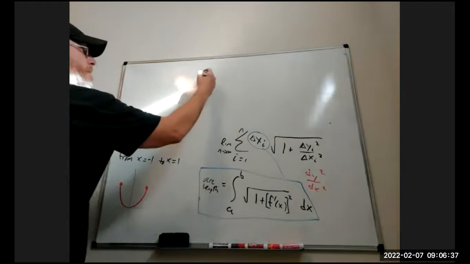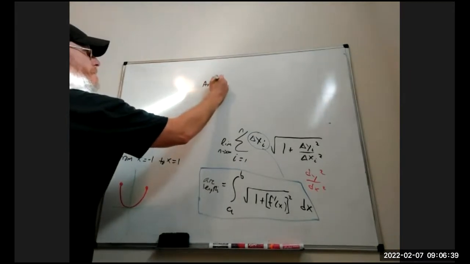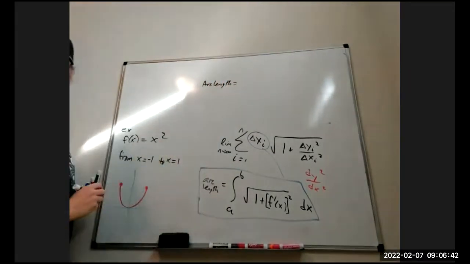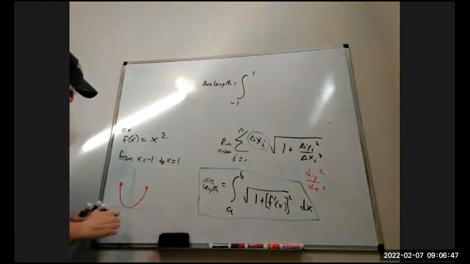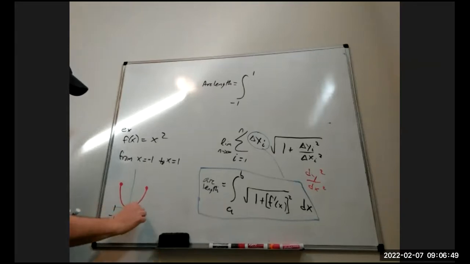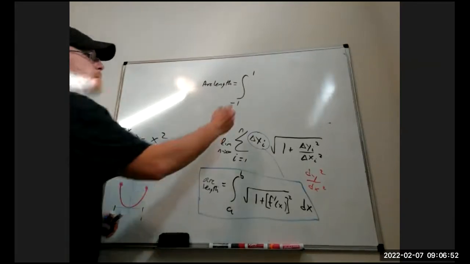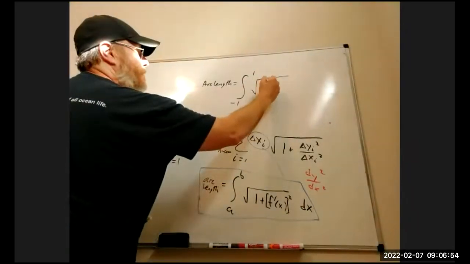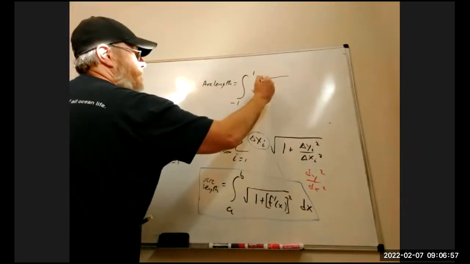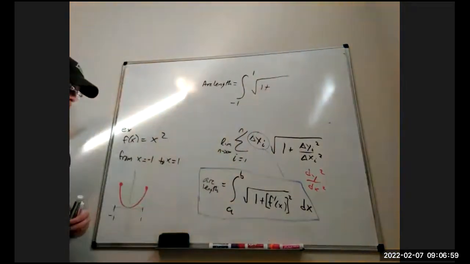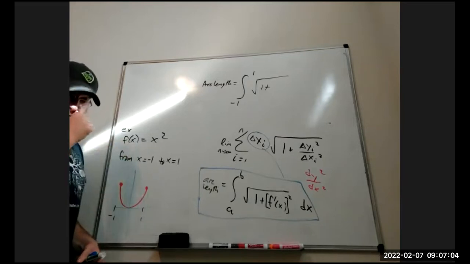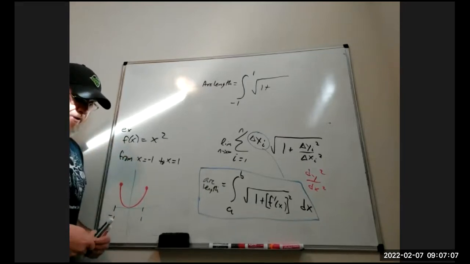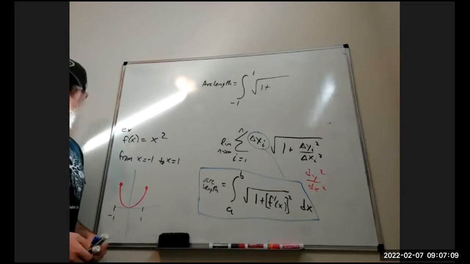So this is going to be arc length equals the integral from -1 to 1. Right? We're going from -1 over to +1. The square root of 1 plus, and now what we need is the derivative of f. So what's the derivative of f here? 2x. 2x, beautiful.